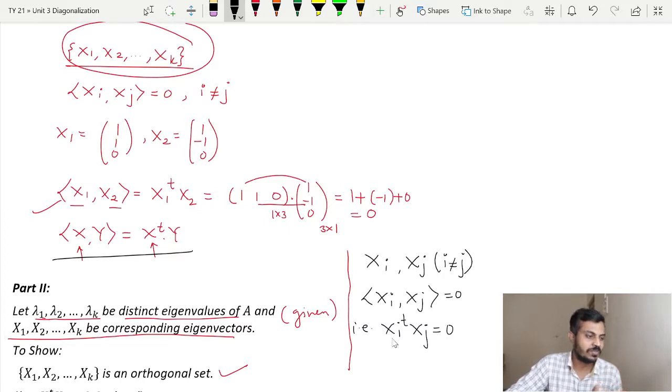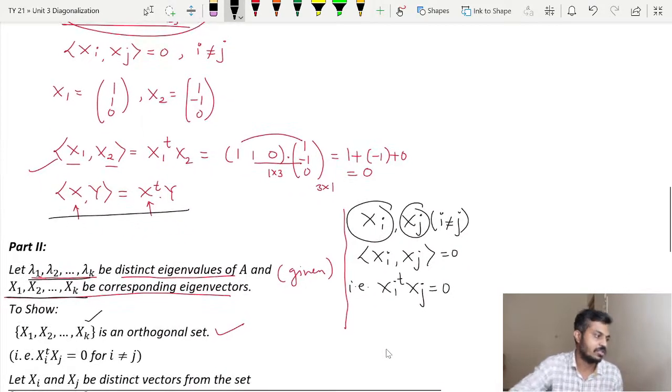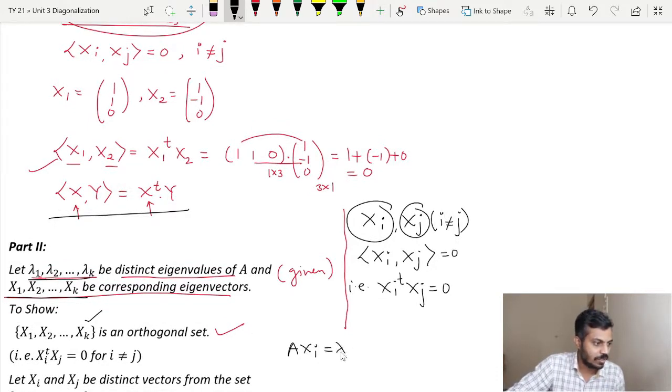Since xi and xj are elements from this set, they are the eigenvectors corresponding to these eigenvalues. According to the definition of eigenvalues and eigenvectors, they satisfy a certain condition: A xi equals lambda i xi and A xj equals lambda j xj.